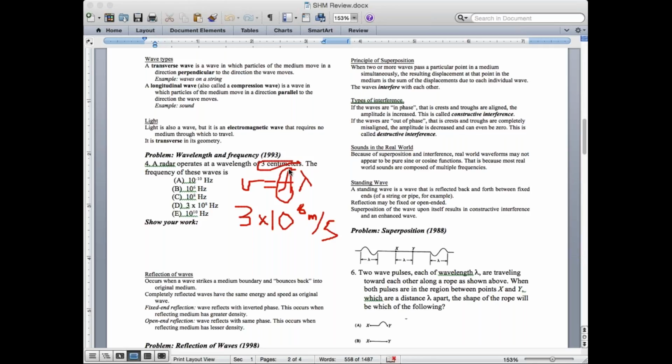Doing that and with just a little bit of math, we find an answer of something like E. So really not that bad. The one little key there is knowing that speed, and again, I would not hide that from you. I would give that to you.